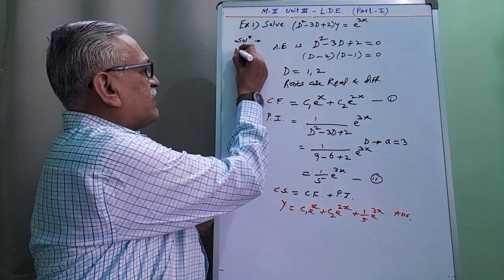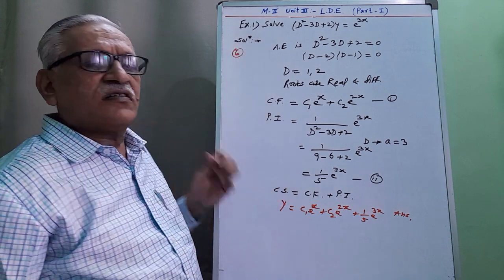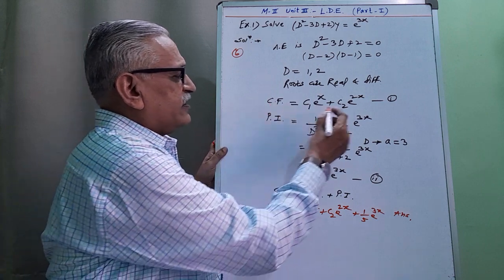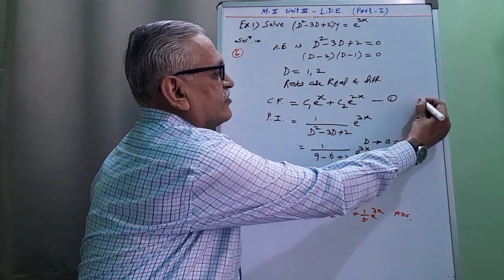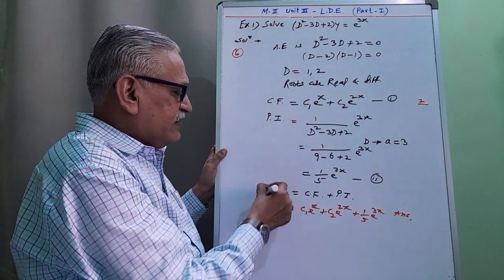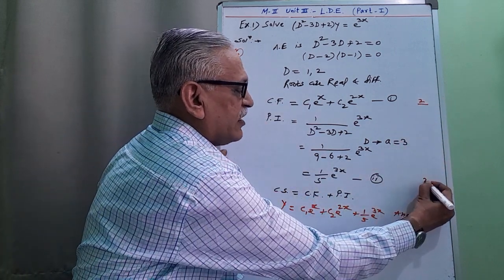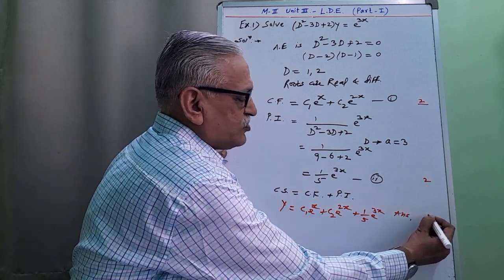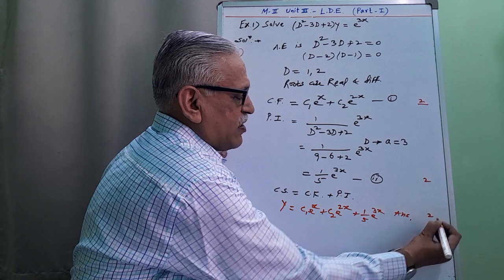Question is asked for 6 marks. Then the scheme of marking. For getting the CF, you will get 2 marks. For finding PI correctly, another 2 marks. And for the last solution, 2 marks, total 6.